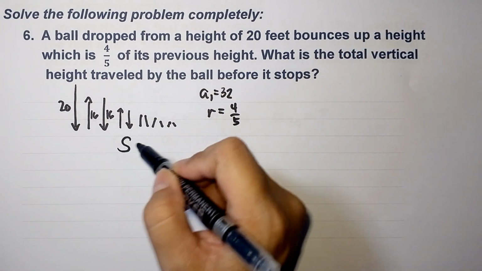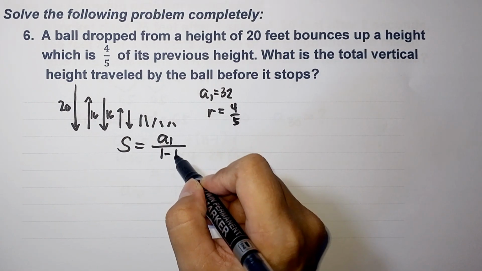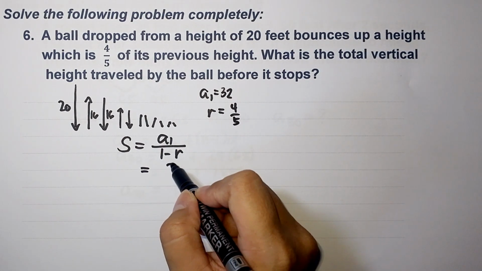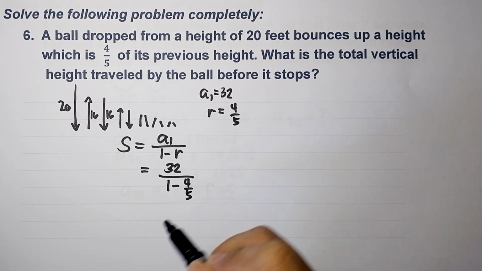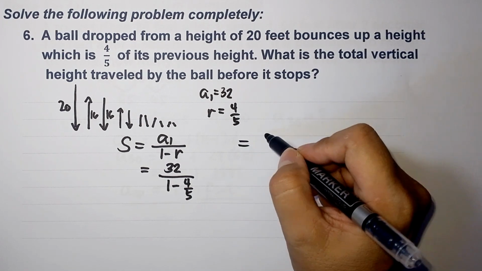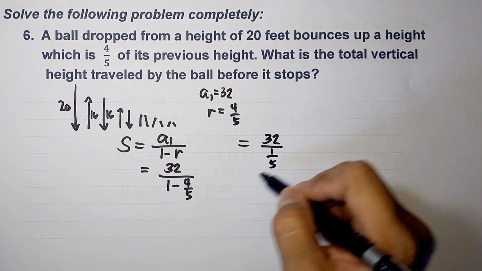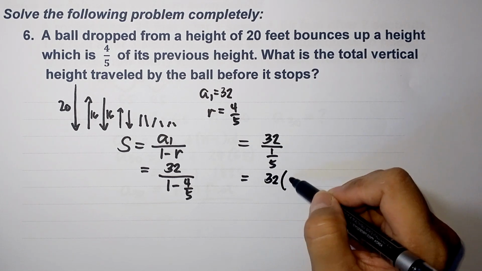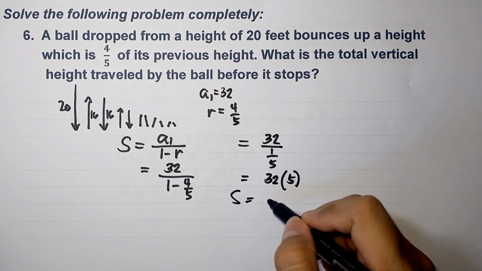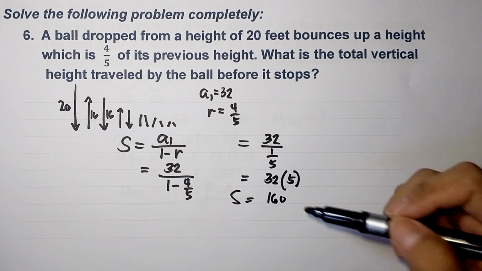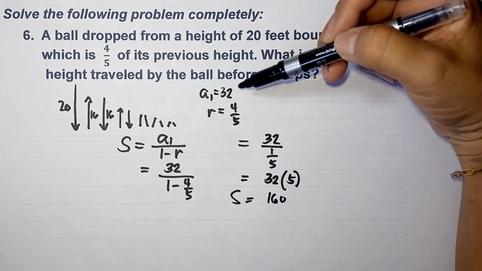The sum is a sub 1 over 1 minus r, where a sub 1 is 32 over 1 minus 4/5. 1 minus 4/5 is 1/5, so this is 32 times 5 over 1, or simply 160. So this is the sum of the vertical height beginning with 16 and 16, or 32.